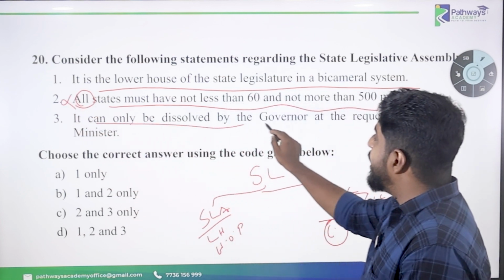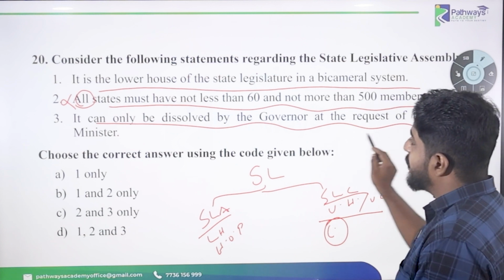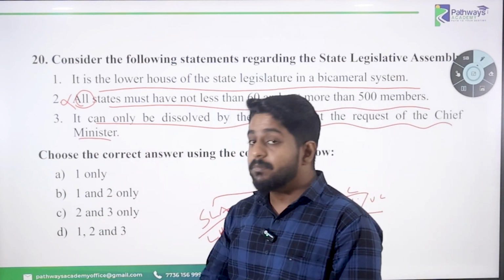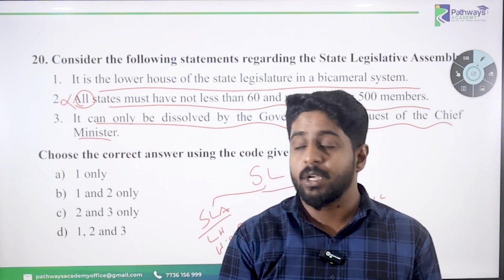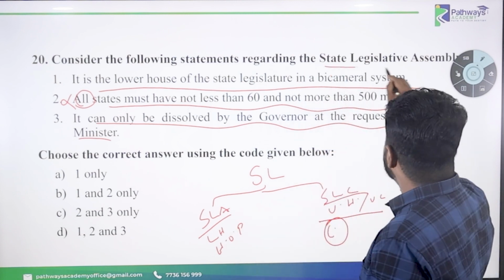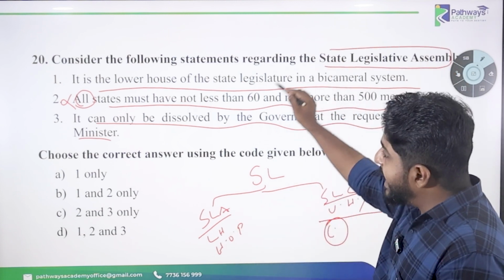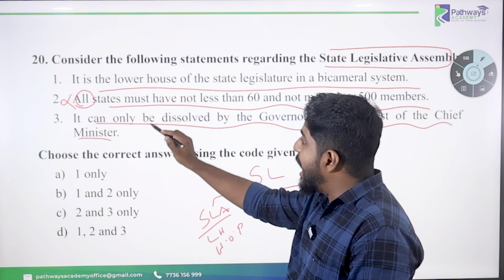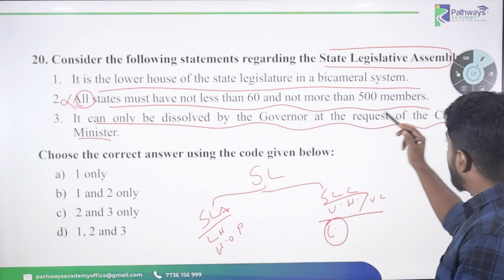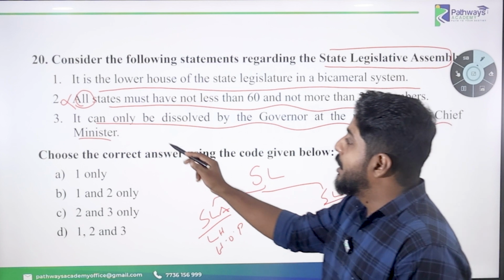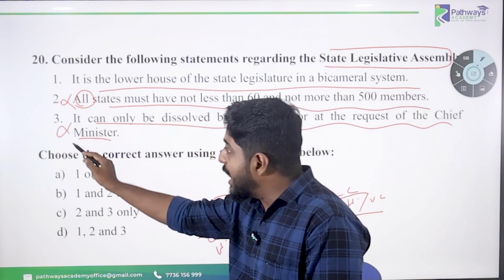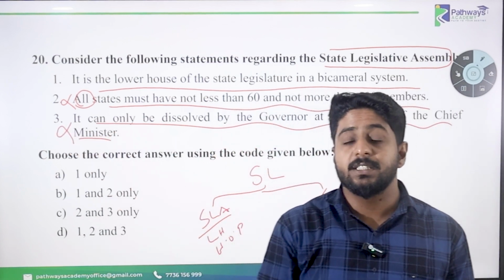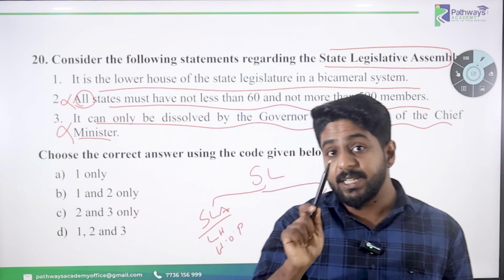It can only be dissolved by the governor at the request of the chief minister. What are we speaking about? We are speaking about the state legislative assembly, isn't it? State legislative assembly can only be dissolved by the governor at the request of the chief minister. No, you can in fact dissolve the state legislative assembly during the president's rule.